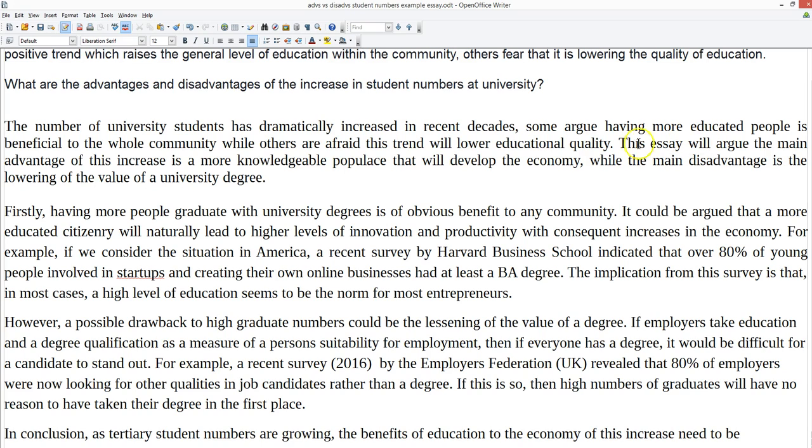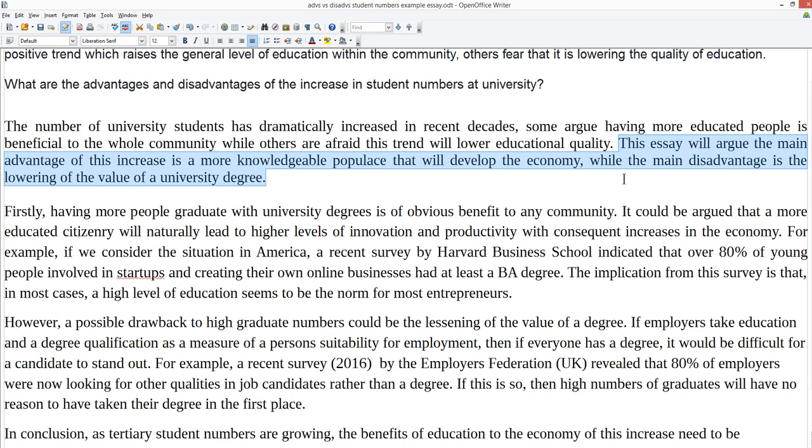Now, this is better than saying there are some advantages and disadvantages to both these views, which this essay will discuss. Yes, but that's not very good. We don't know where it's going.